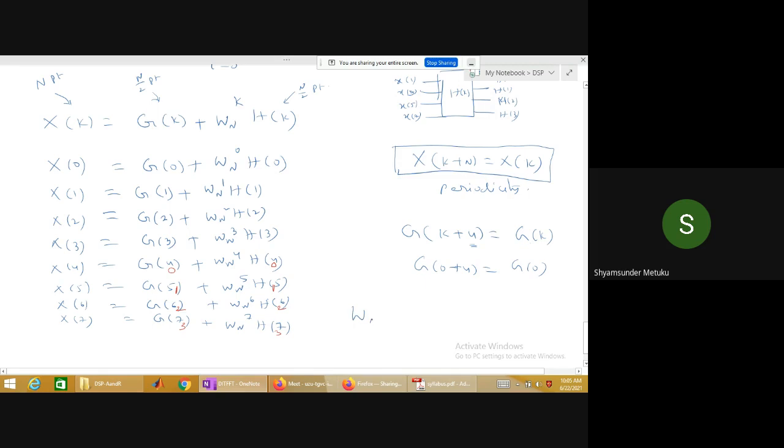Can I write it as W_N to the power of 0 plus N by 2? Where basically this capital N was the base, N by 2 or capital N? This base is how much? N or capital N by 2?